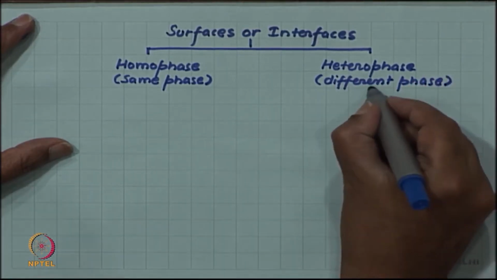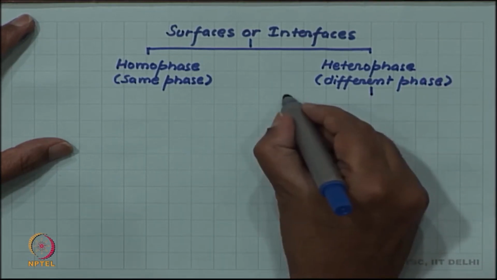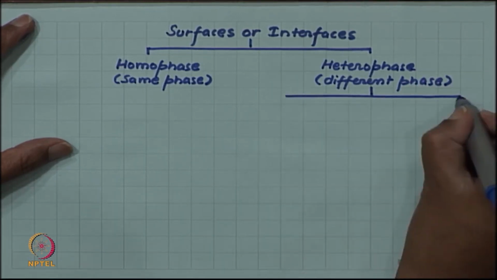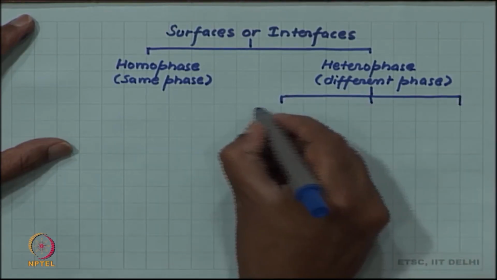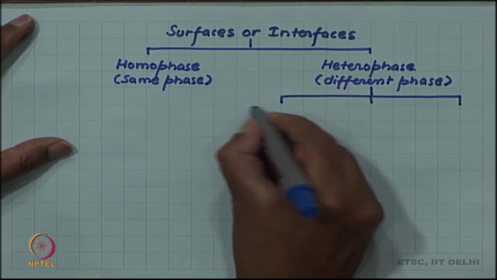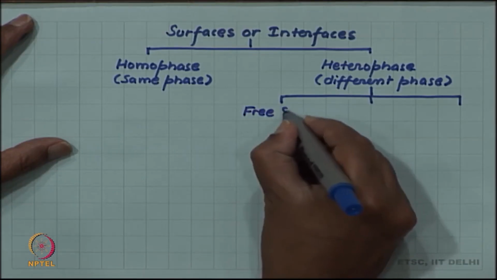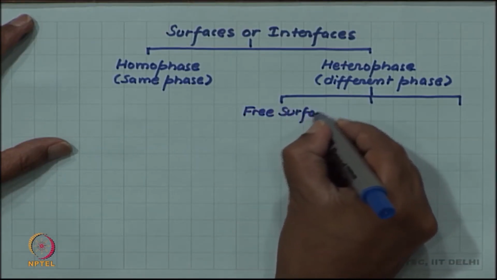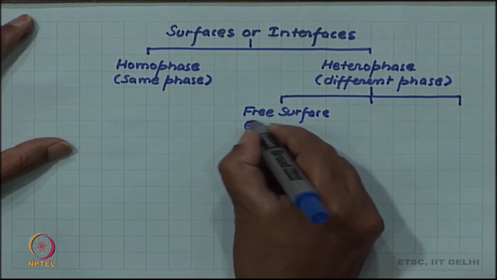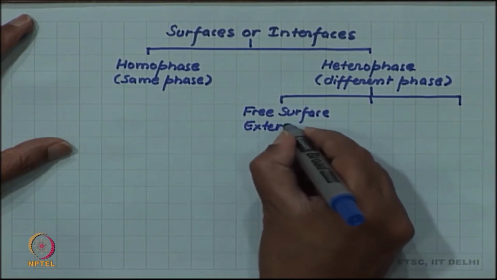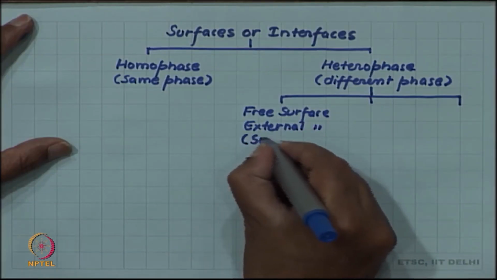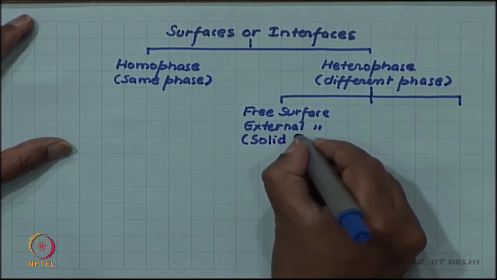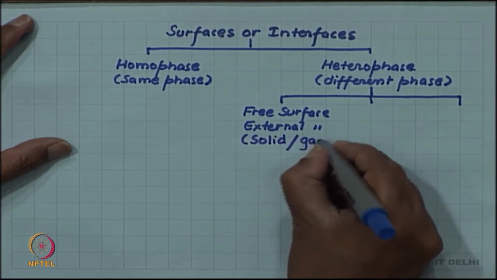For example, the free surface of the solid is an example of a heterophase interface, because on one side you have a solid, the free surface or external surface, and on the other side you have gas or vacuum.